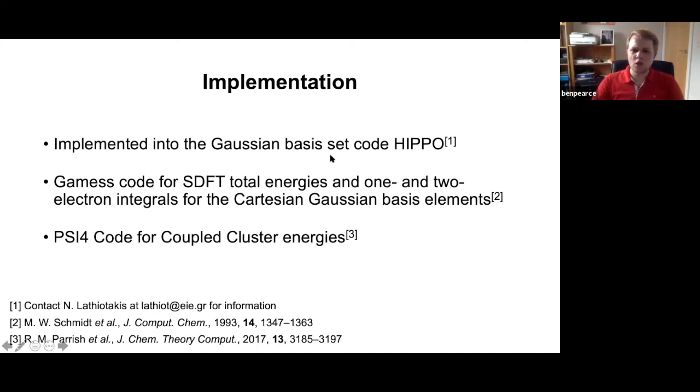In order to run calculations in HIPPO, you require 1 and 2 electron integrals for the Cartesian and Gaussian basis set elements, which we use the GAMESS code to obtain. And for result comparisons, we also use GAMESS for spin DFT total energies, as these aren't available within HIPPO. For further comparisons, we also use the Psi4 quantum chemistry package in order to obtain coupled cluster energies.